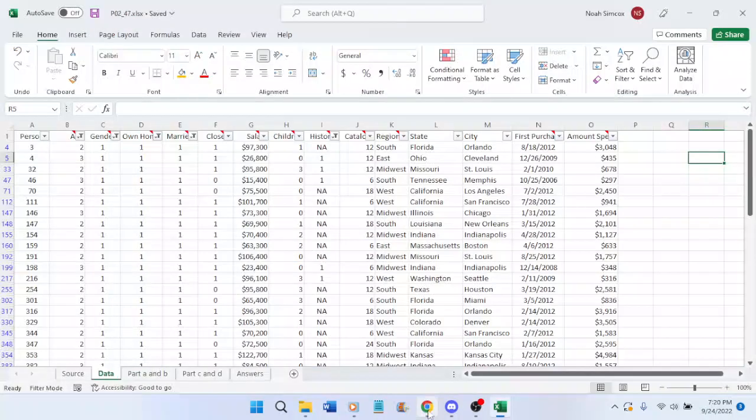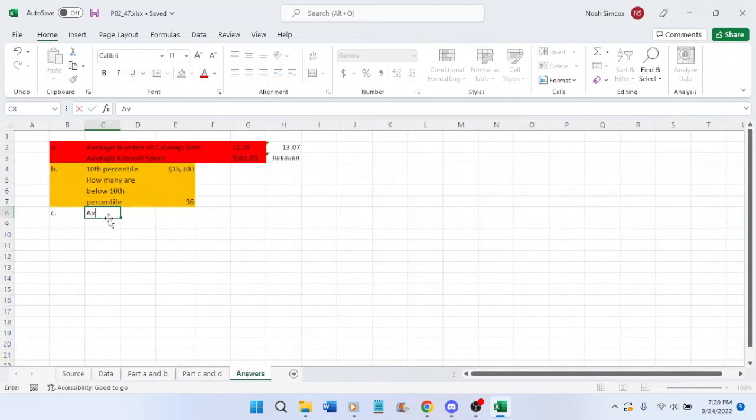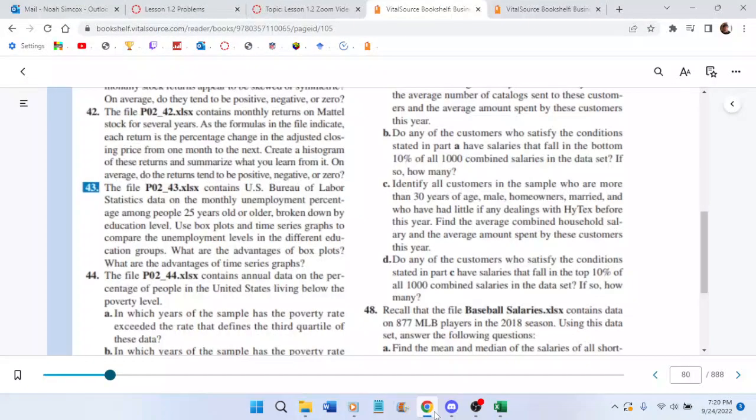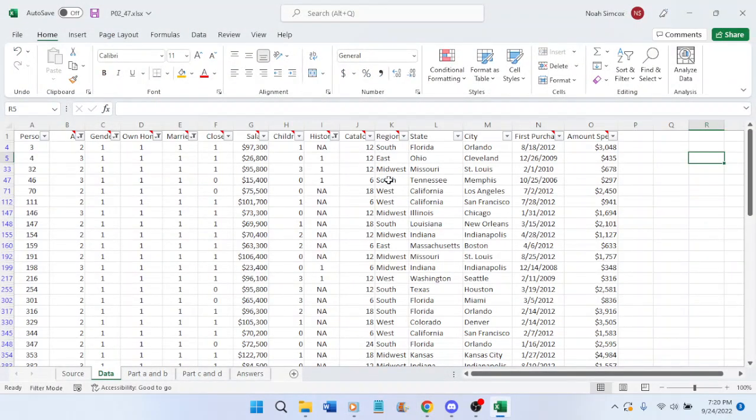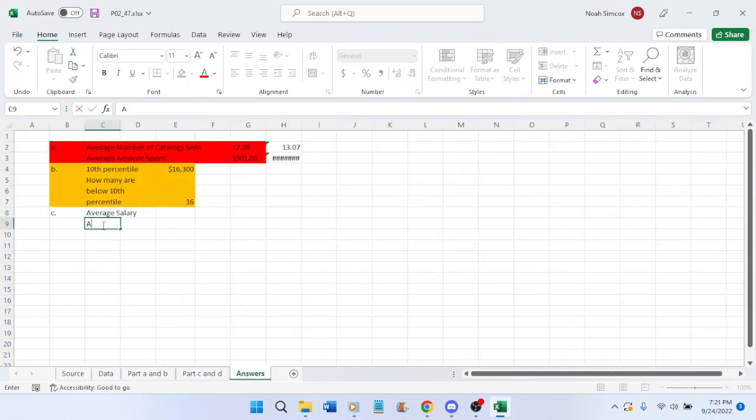Okay, what is the average salary? Well, how about we just average salary, average amount spent. What do they call it? Average amount spent. We'll just call it average amount spent.